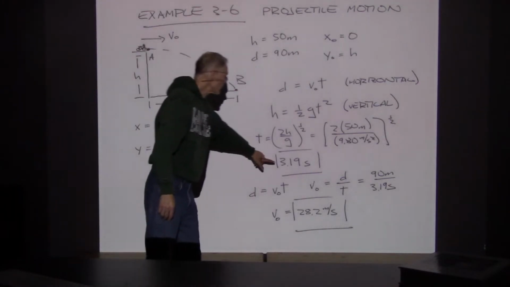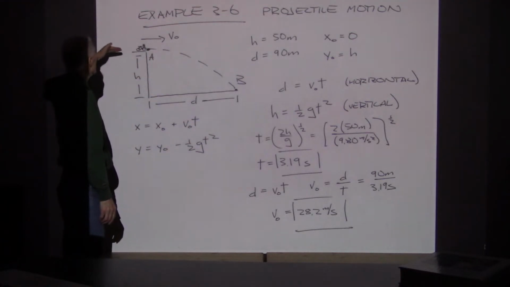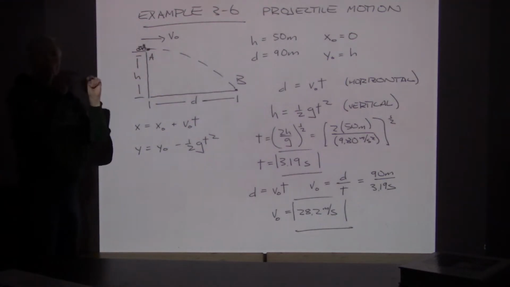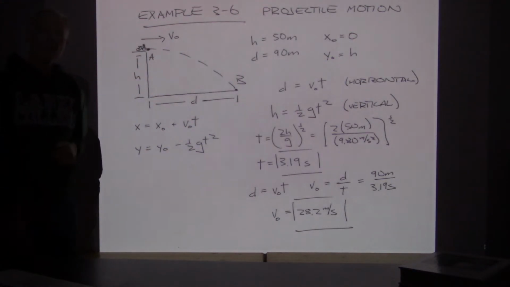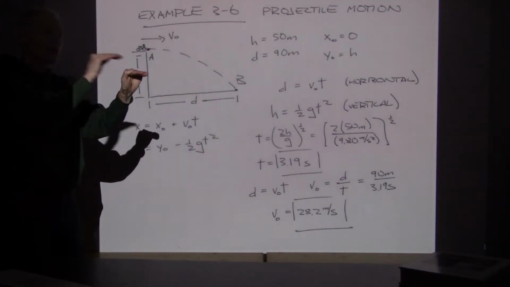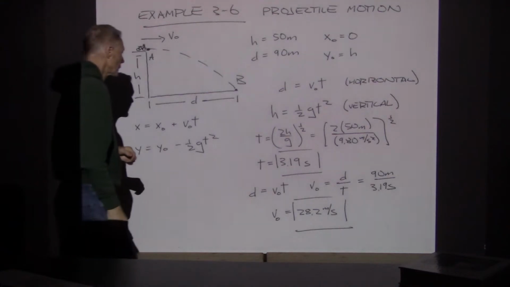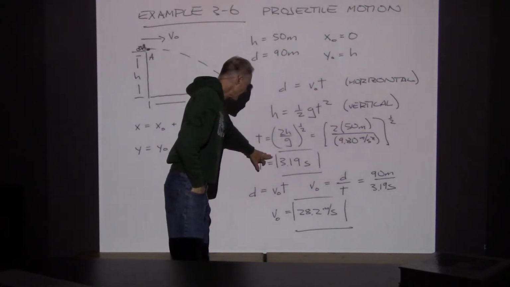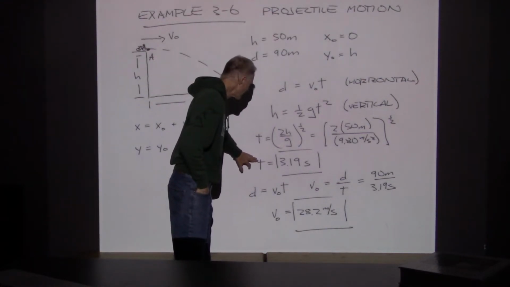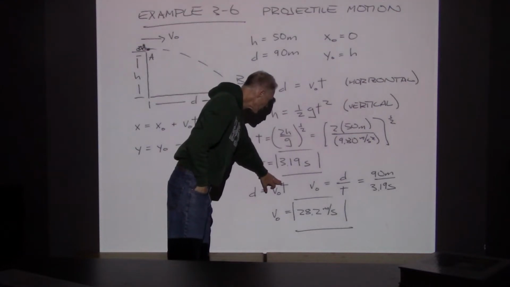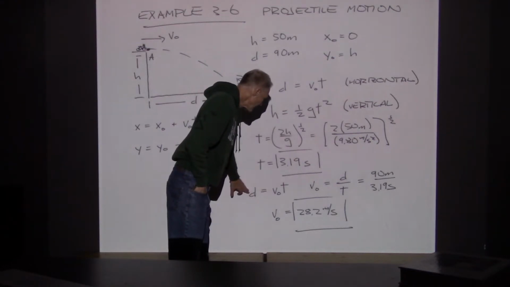It's still going to be 3.19, and that's because the motorcycle is traveling horizontally at the time they come off the cliff, so all of the initial velocity is just in the x direction. So 3.19 seconds. Once I know the time information, then I can go back to the x direction and solve for v naught.